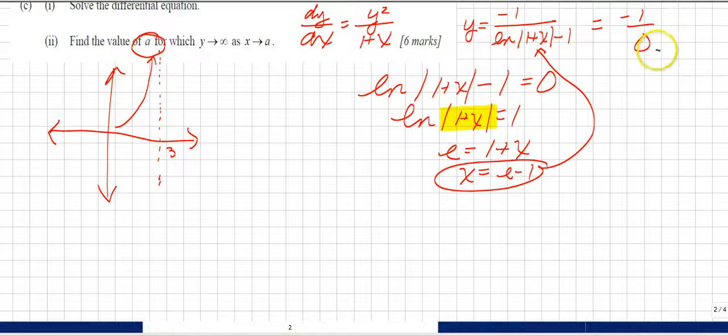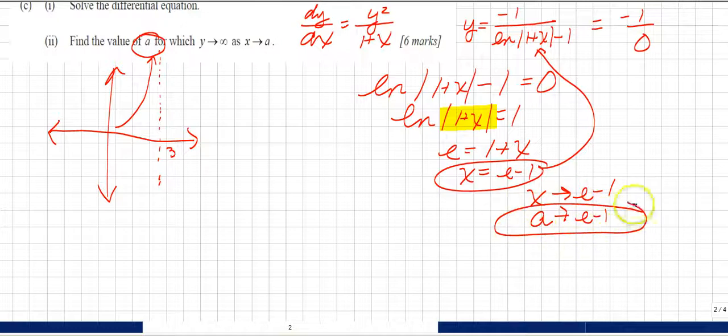So as you approach e minus 1, as it gets closer and closer, we want to write that using the correct notation. So the final answer for this part is x approaches e minus 1, or in other words, a, which stands for x, is approaching e minus 1. There's the answer that you would want to show on that part. So that is the end to problem number 2, finally.